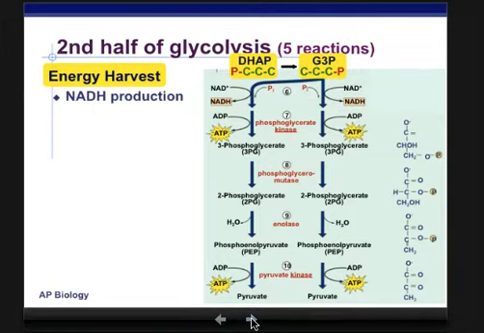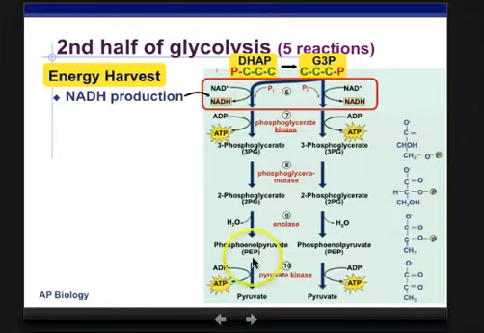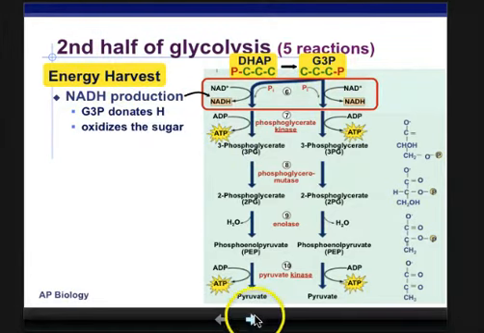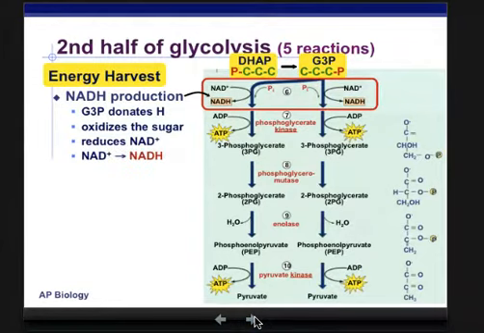We're going to be producing NADH. The NAD plus becomes NADH. The G3P is donating the hydrogen, and we're oxidizing the sugar, reducing NAD plus to get NADH.